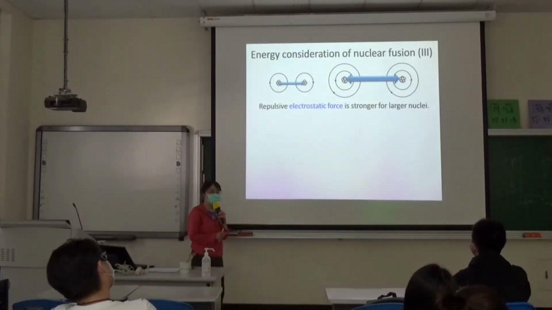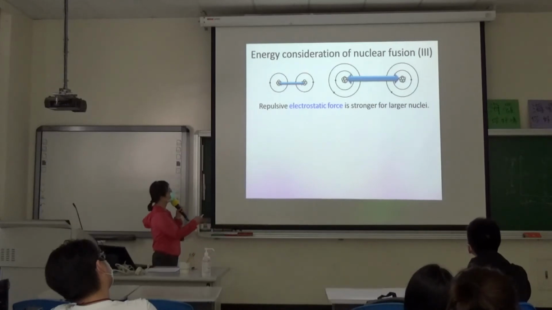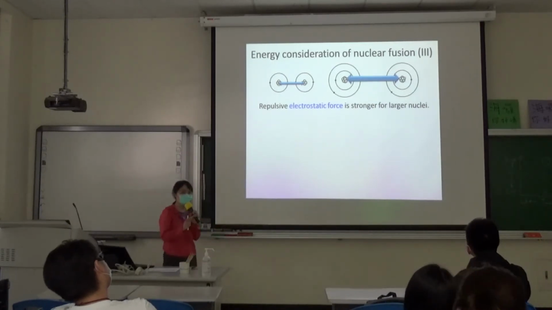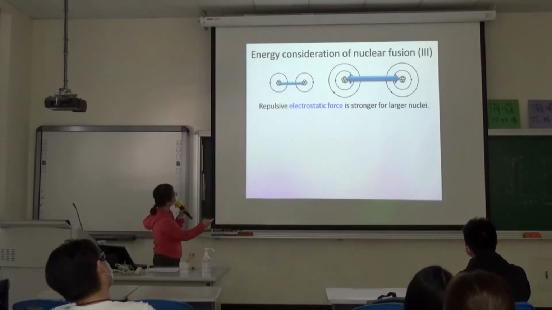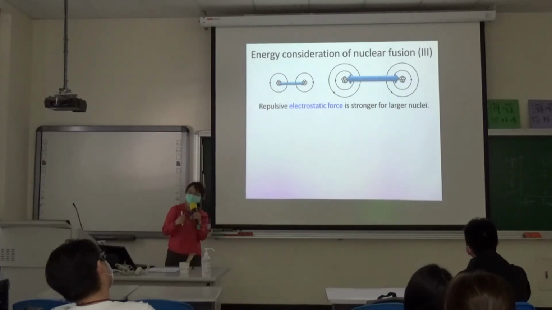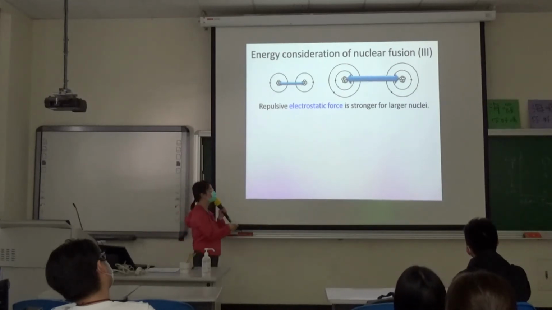And more about energy consideration. So, if now you want to create larger elements, then because larger elements have more protons, the electrostatic force is stronger, the repulsive force is stronger.